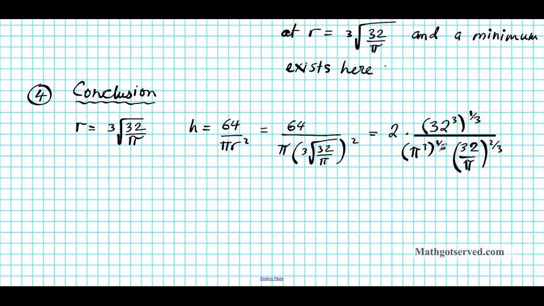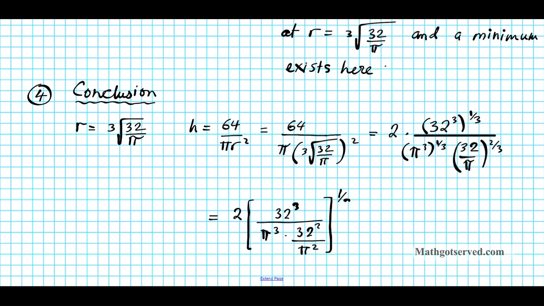If they're all 3's, I can factor this out and write it as 2 times 32 to the third power over pi to the third, times 32 squared over pi squared, the entire thing raised to the 1/3.